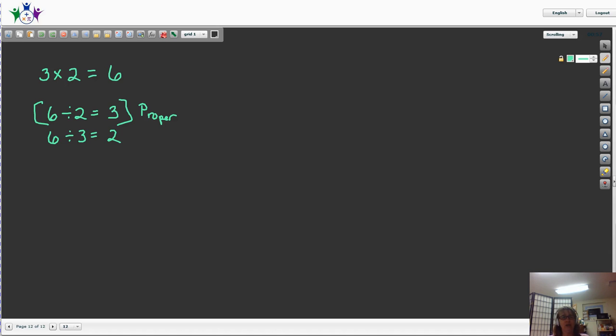So the common way for younger kids is to write it like that, where we have 6 divided by 2 is, of course, 3. And this is common for young kids, or those trying to figure it out.